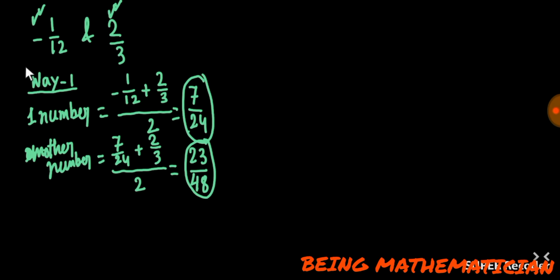So in this way, we can find infinitely many rational numbers between minus 1 by 12 and 2 by 3. Now we go to way 2.